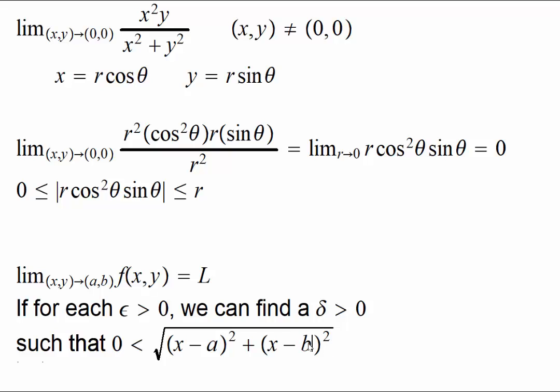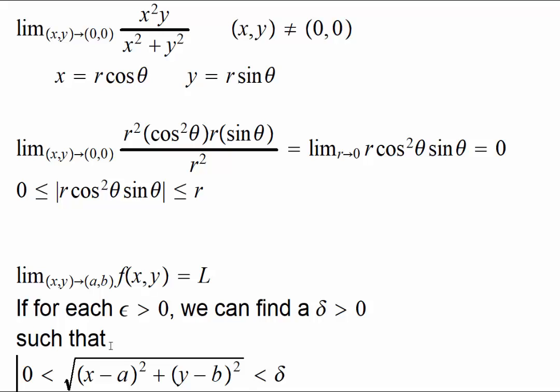So whenever we have this quantity less than delta, what has to happen? We must have, this implies that the distance between f(x,y) and L will be less than epsilon.